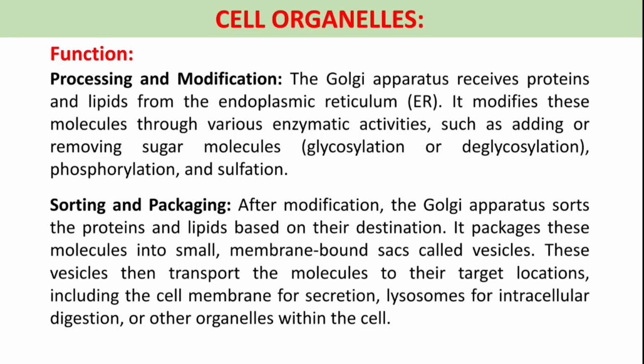After modification, the Golgi apparatus sorts the proteins and lipids based on their destination. It packages these molecules into small membrane-bound sacs called vesicles. These vesicles then transport the molecules to their target location, including the cell membrane for secretion, lysosomes for intracellular digestion, or other organelles within the cell.